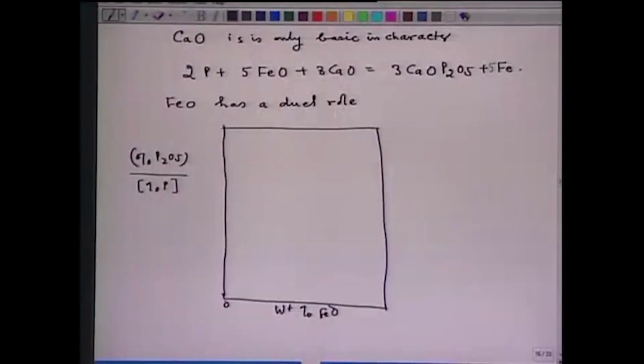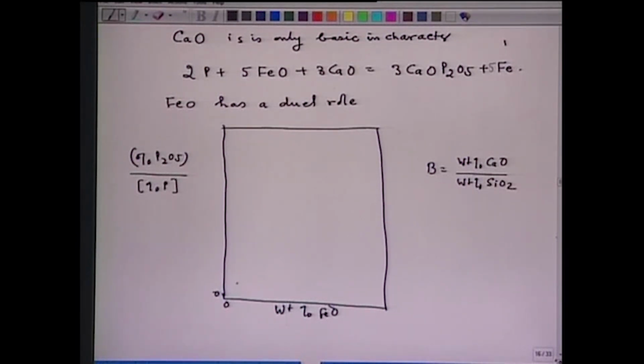What I am plotting? I am plotting dephosphorylation index as a function of weight percent FeO. Of course, here it is 0, here it is 0, as a function of basicity. Basicity is defined here as B, that is equal to weight percent CaO upon weight percent SiO2.